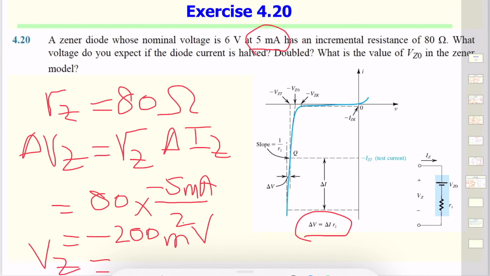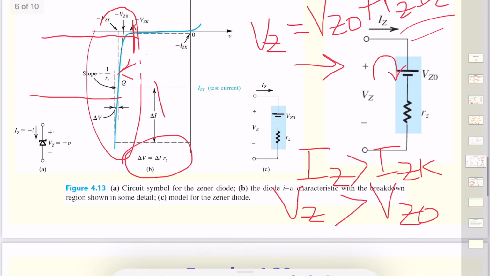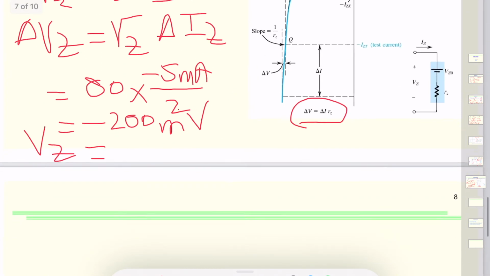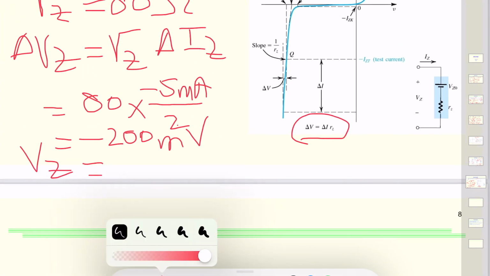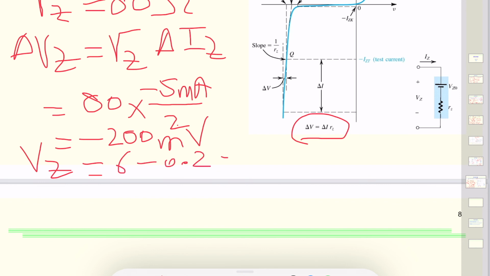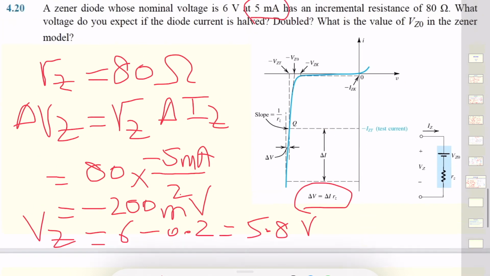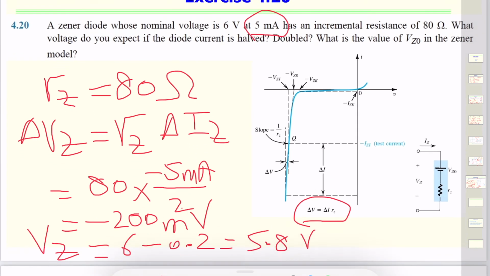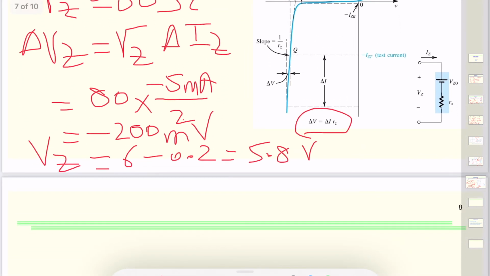We plug into this relationship, and we get 6 minus 0.2, which is 5.8 volt. So this is the value when we make the diode current half. The voltage goes from 6 to 5.8.